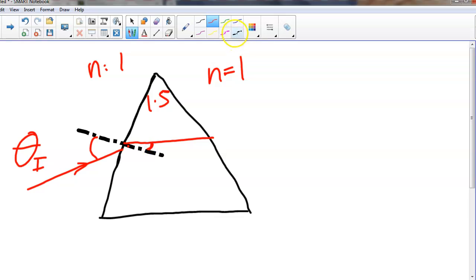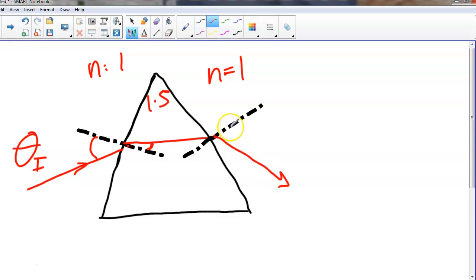Then what happens out here? Let's draw another normal, and it's normal to the surface. Let's pass it inside. So what happens here? We reach another surface. This time we go from a bigger n to a smaller n. The process reverses, and we bend away from the normal.